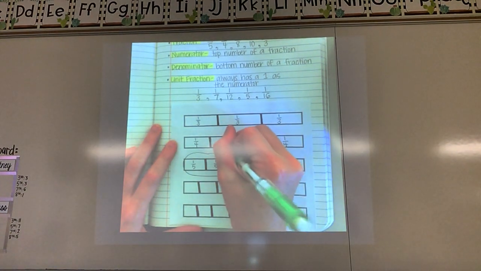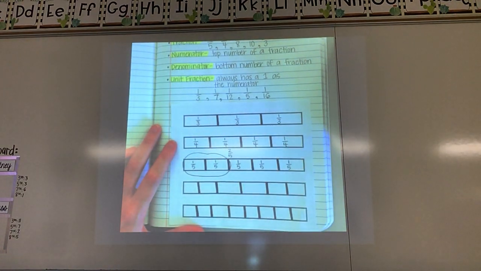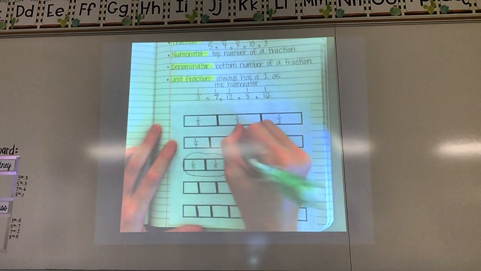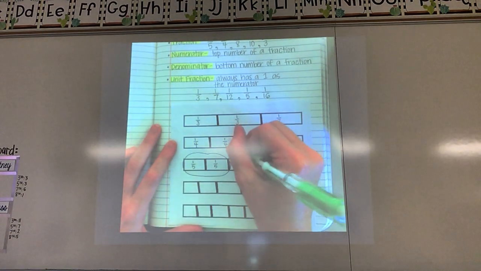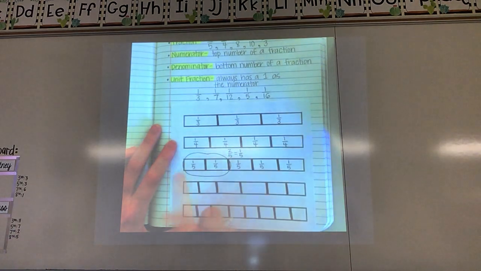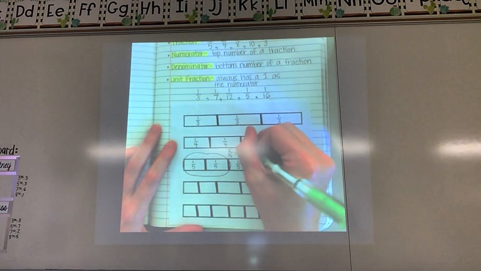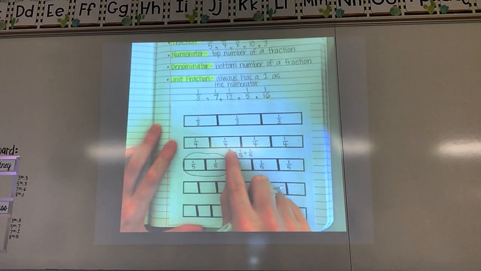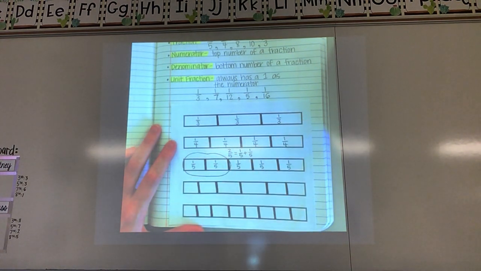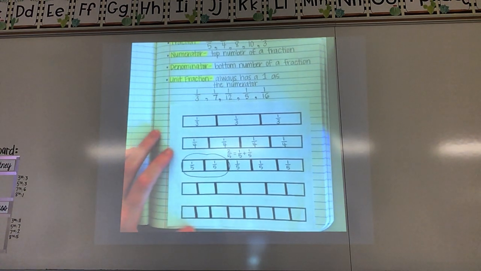Hopefully, you are thinking it would be 2/5 because you would be correct. To get 2/5, all I did was look in my circle and I used addition. So I did 1/5, which was this first one, plus 1 more 5th, which was my second one in the circle. And 1 plus 1 is 2. My bottom number always stays the same. So in the circle, that would be 2/5.